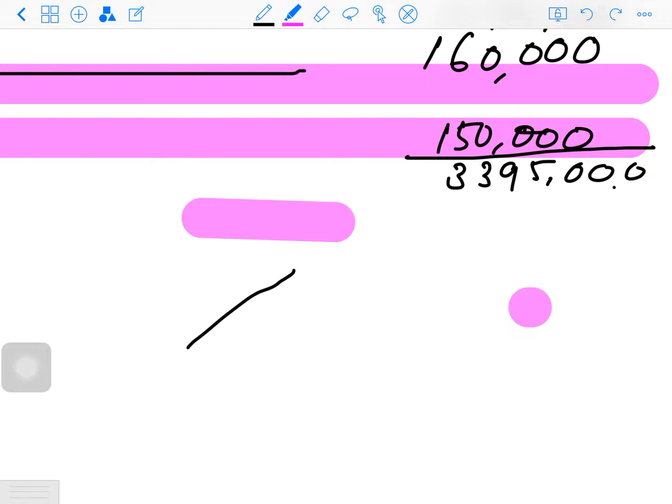So you get 5030. Okay, 5030, operating profit. And then finance costs.